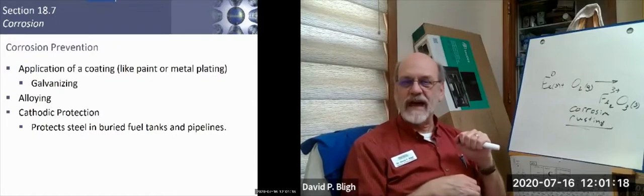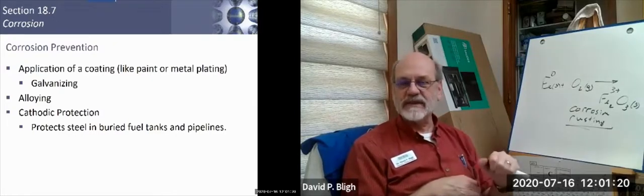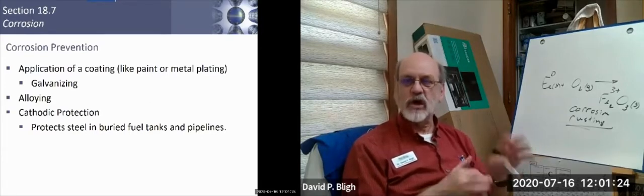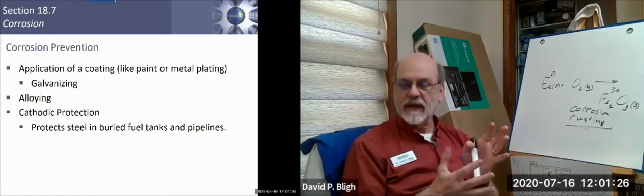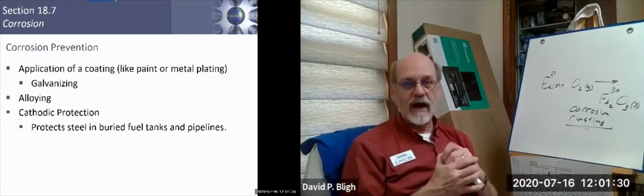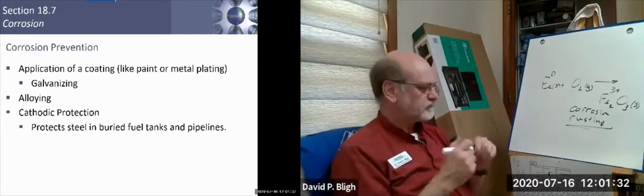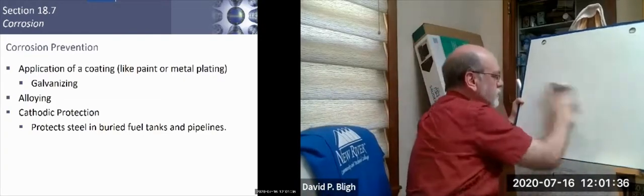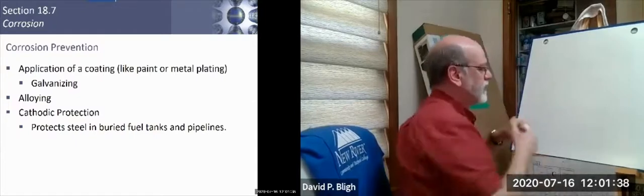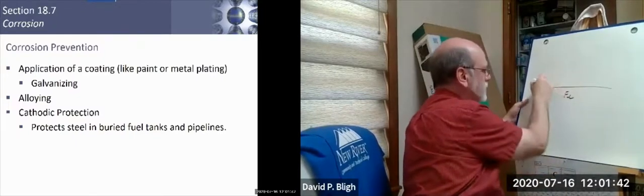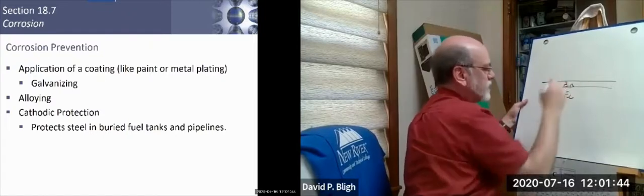They were galvanized because they were dipped in molten zinc, which coated the metal with zinc and protected the steel underneath from rusting. Now, how did it do that? Well, galvanizing in itself coats the iron with a layer of zinc, right?